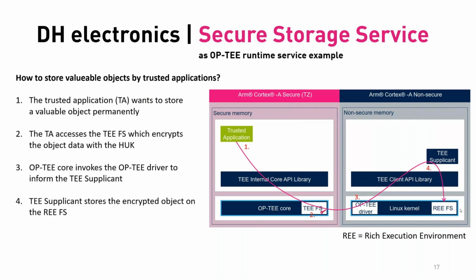And here it's called REE FS. That means Rich Execution Environment. Here we have a lot of functionality in comparison to OP-TEE. These are only core functions. Okay, I think I have everything mentioned.